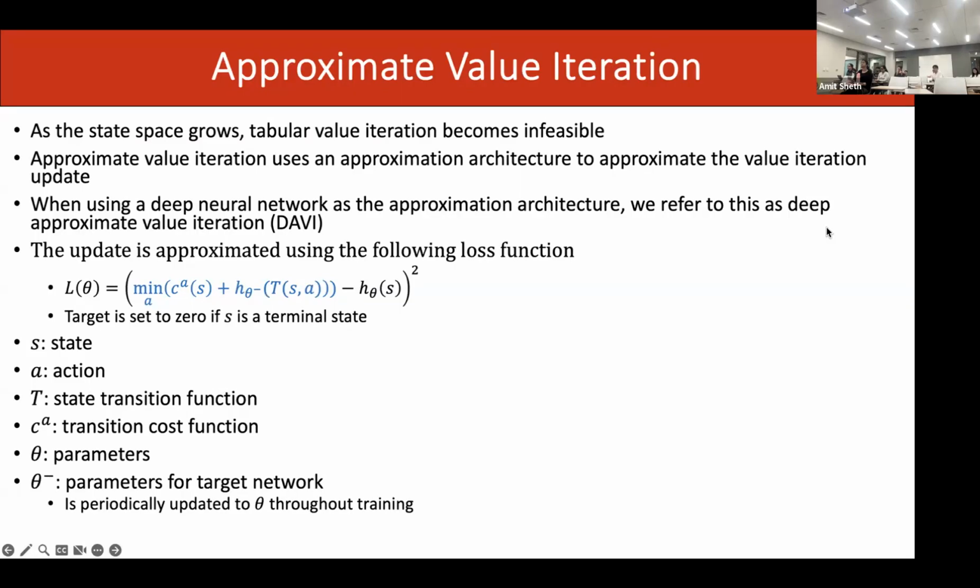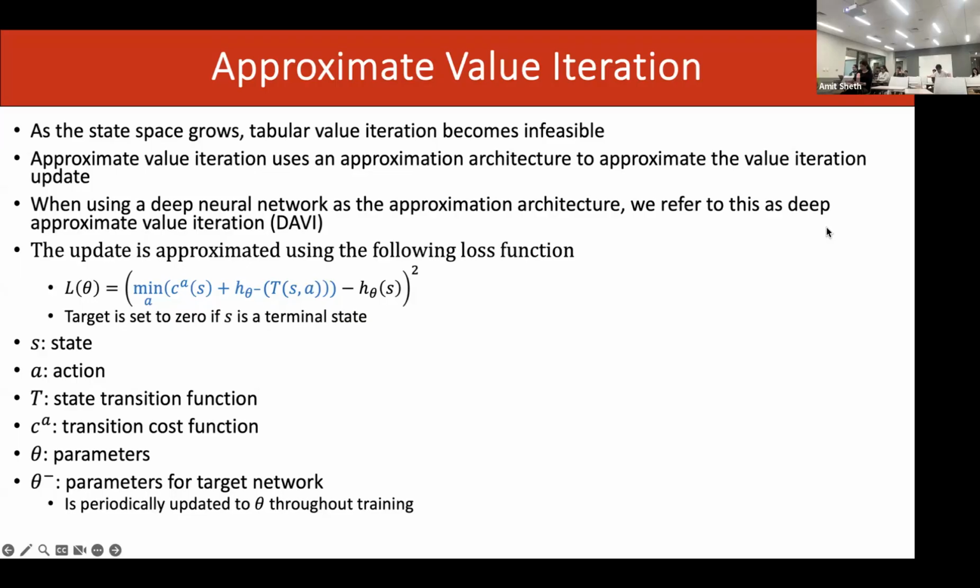Okay, so like I said, you're not going to be able to fit everything into a table. And so what we then need to do is turn to approximate value iteration. Instead of representing our value function as a table, we can represent it as, say, a neural network. We can then do this value iteration update that we did with the table, but approximate it with a neural network.